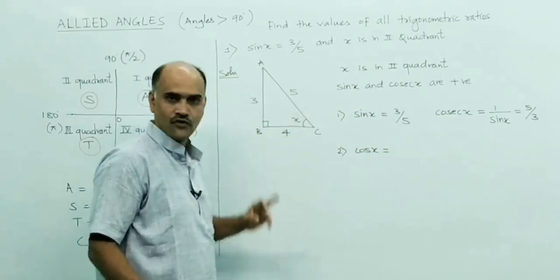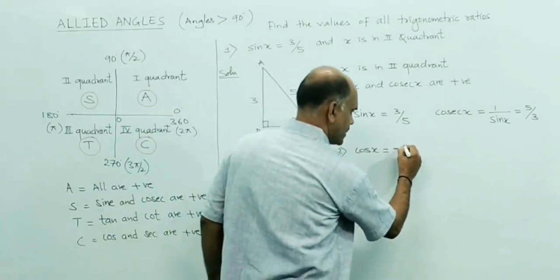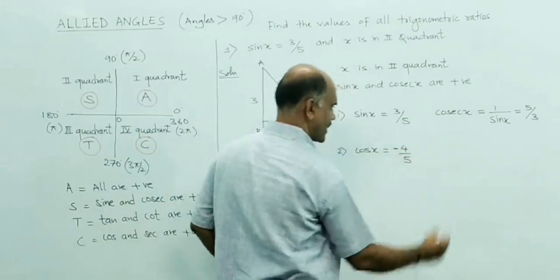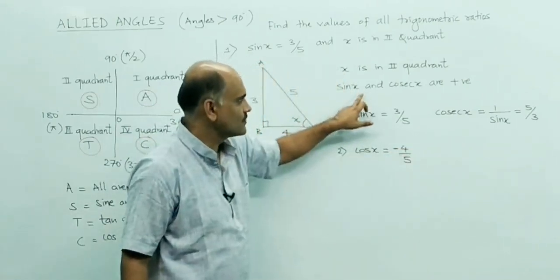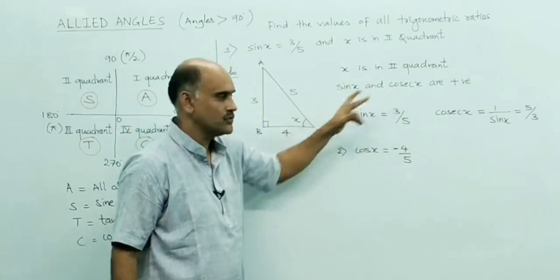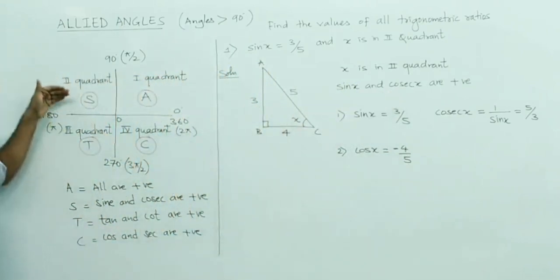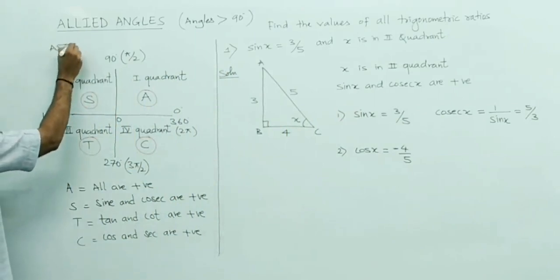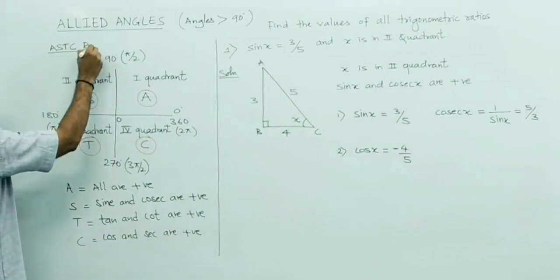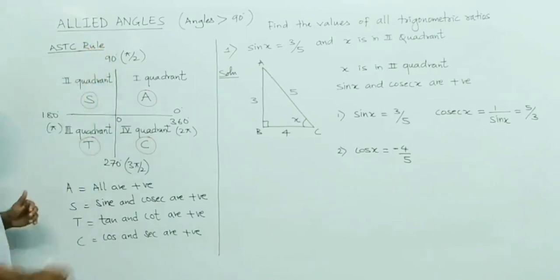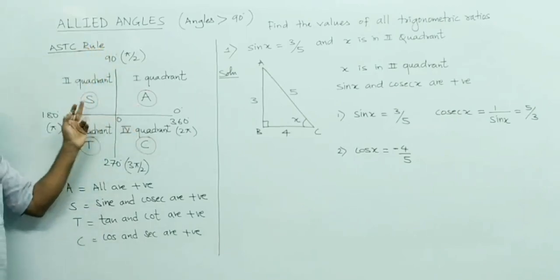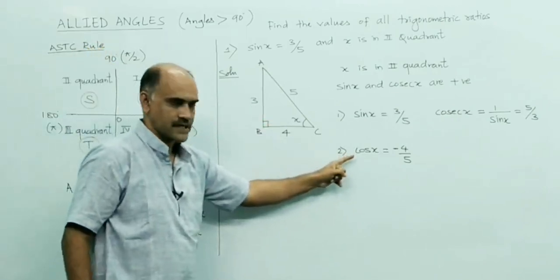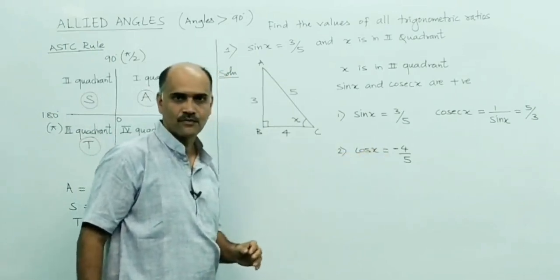So cos x 4 by 5, here I should take minus 4 by 5. Because only these two are positive, while all other are negative by this rule. That is, this we call it as ASTC rule. So in second quadrant, only sine and cosec. So cos x is minus 4 by 5.